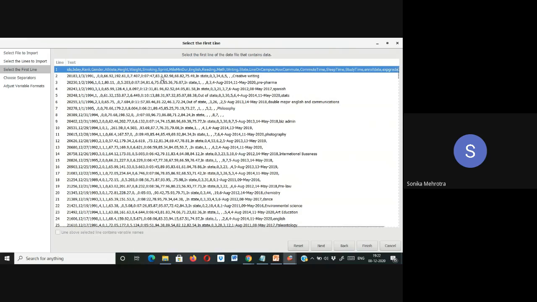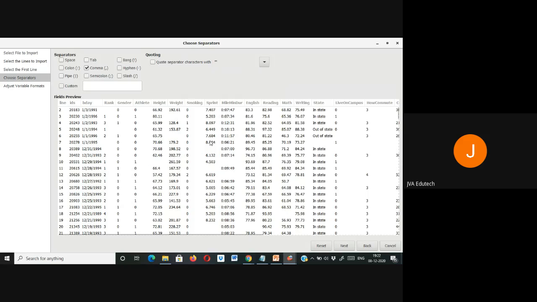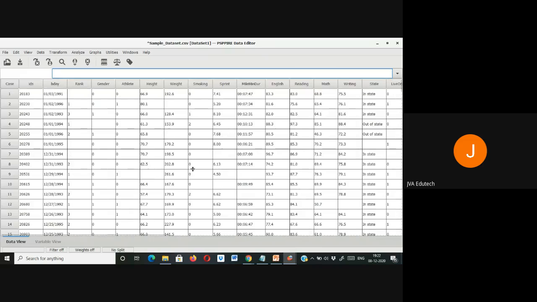At this window, select the second line, because from this line your data will start. Below, select this line above selected line contains variable names. Okay, this I missed. Select next. You will find this layout. Now you can see how your data is arranged. Then apply. Now hopefully you have got data like this. Yes. Okay.